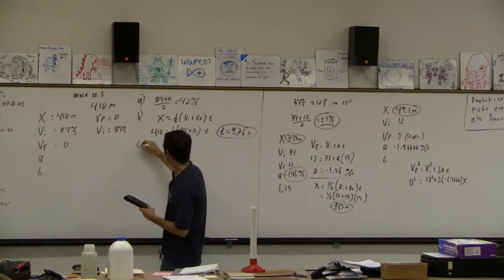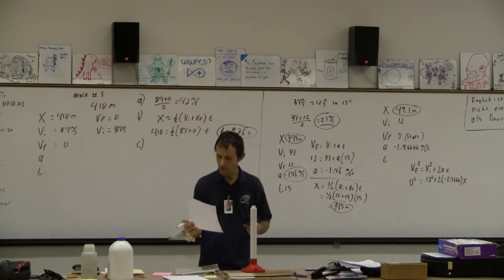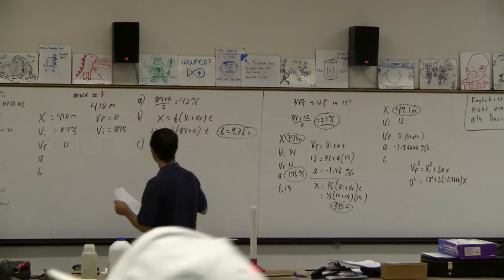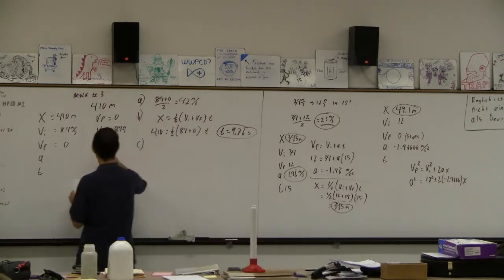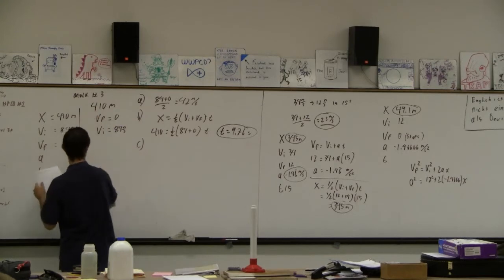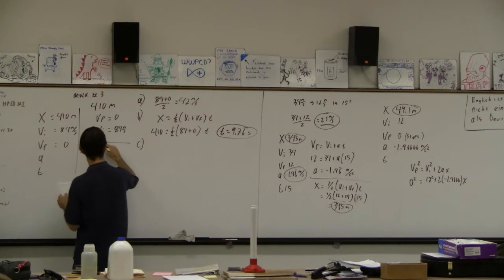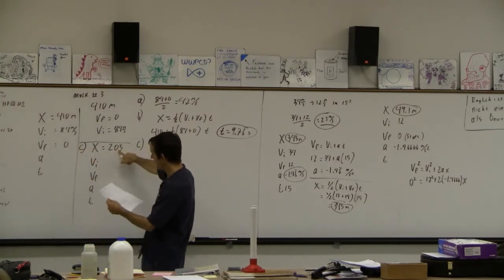And then C says, what was the velocity of the plane when it was halfway through, at 205? So now we've got to redo this, right? I'm going to set up another one of these. This is for C. So now we just say that X is 205.